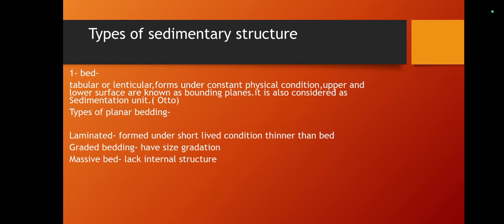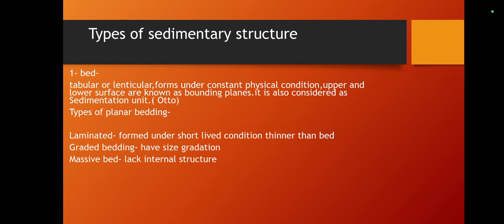So the size changes from finer to coarser, and it indicates clusters of different types of beds which grade into each other. That's why they are known as graded bedding.